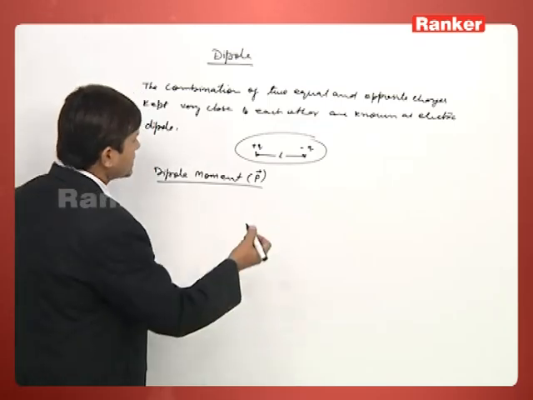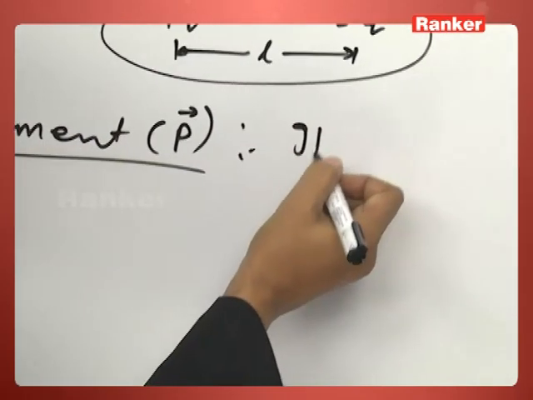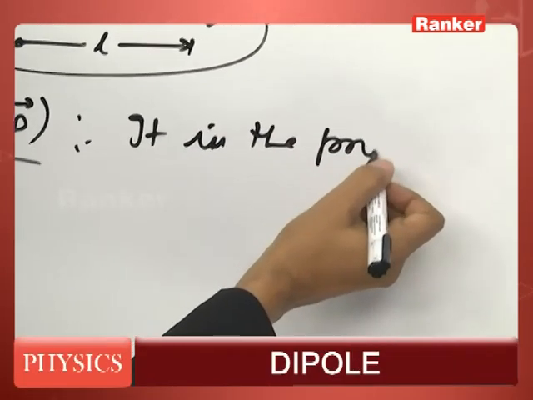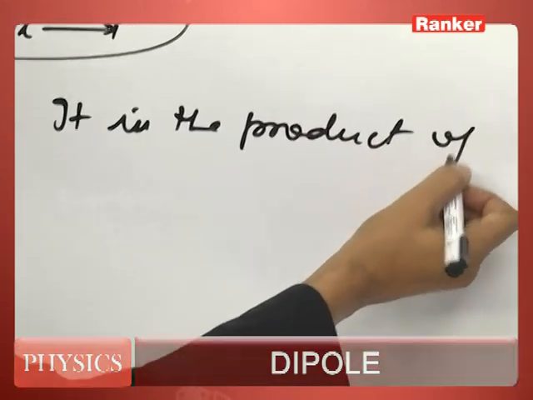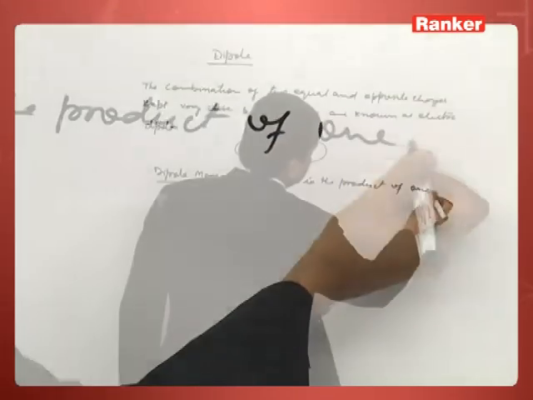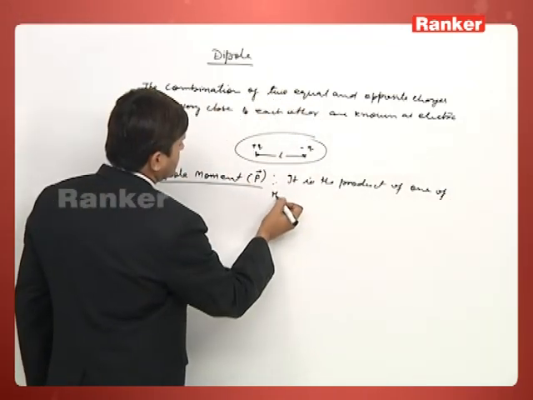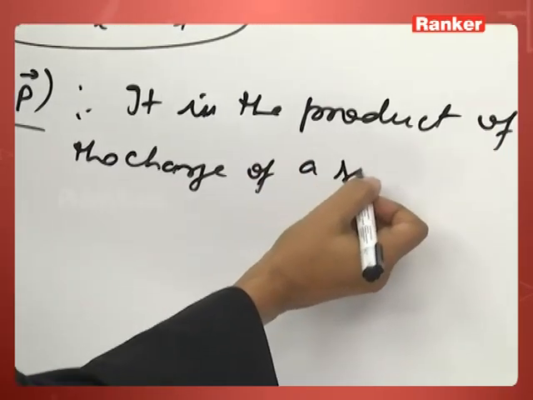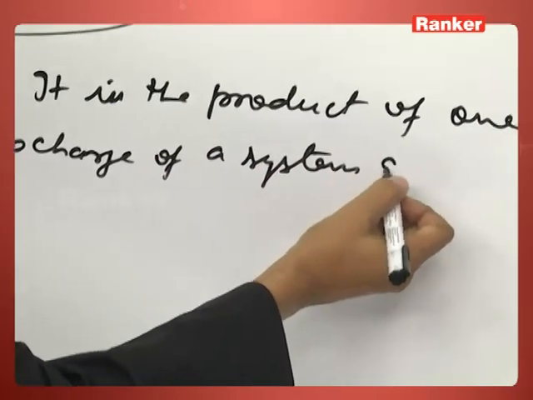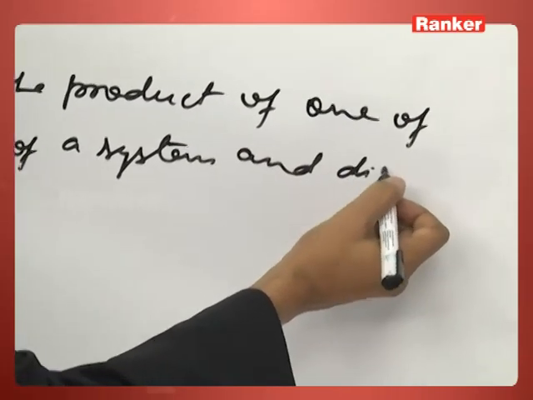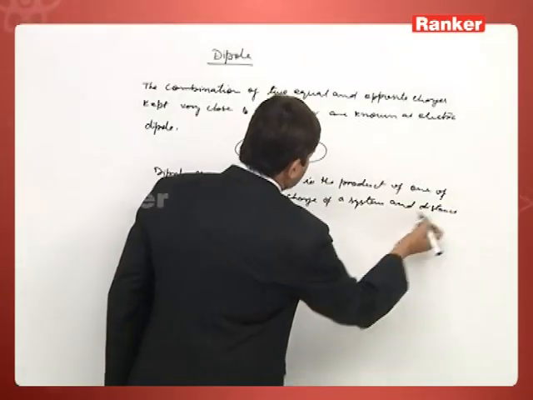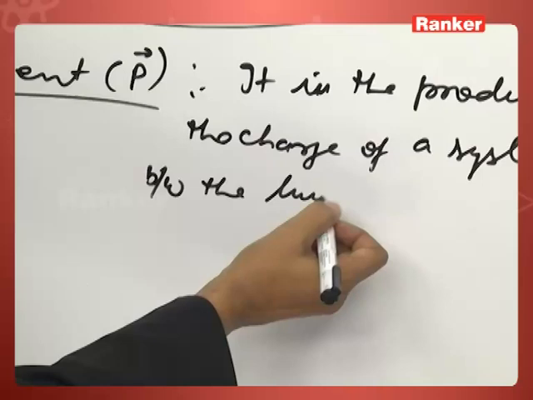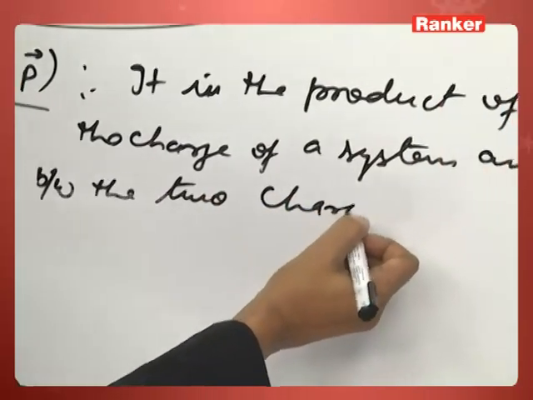It is defined as the product of one of the charges of the system and the distance between the two charges.